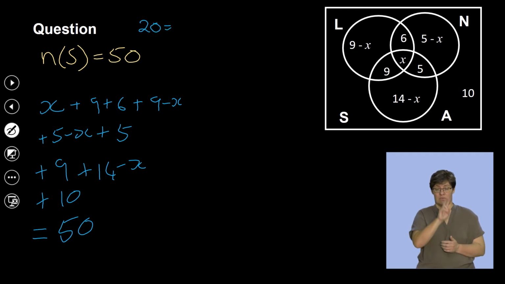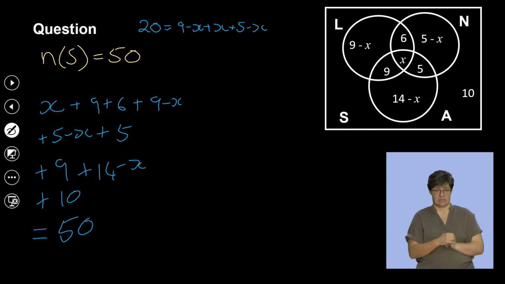20 is equal to 9 minus x plus 5 minus x plus 14 minus x. Now, if I start adding all the numbers together, that's 19 plus 9, which is 28.